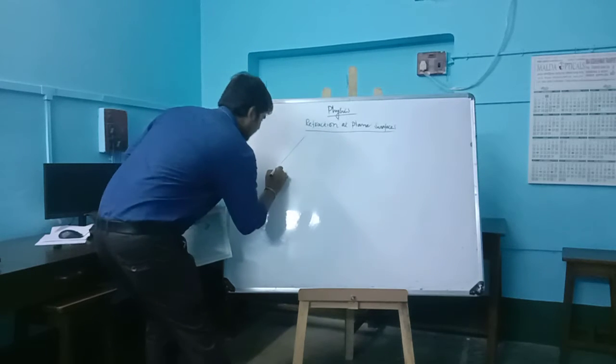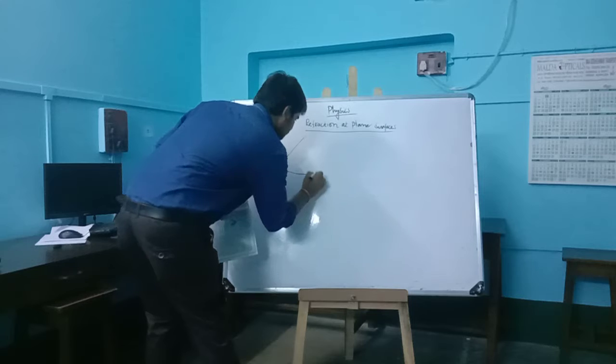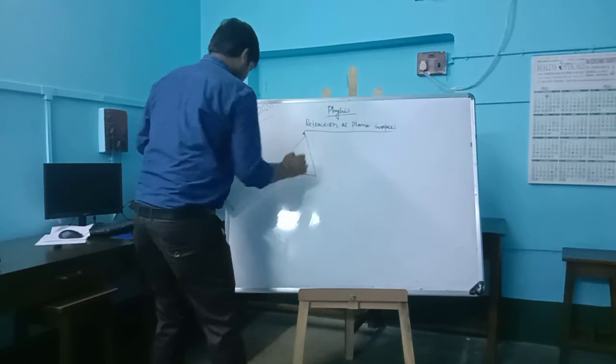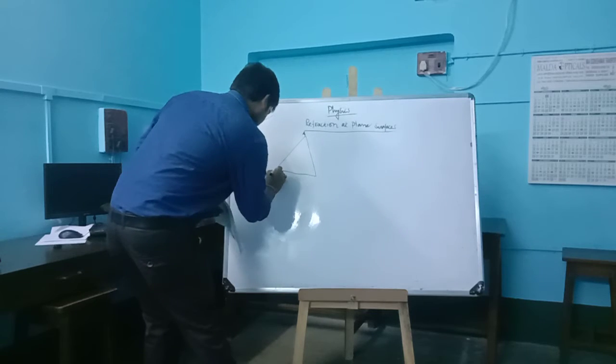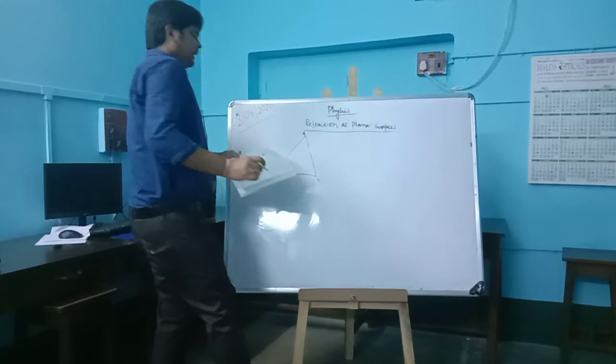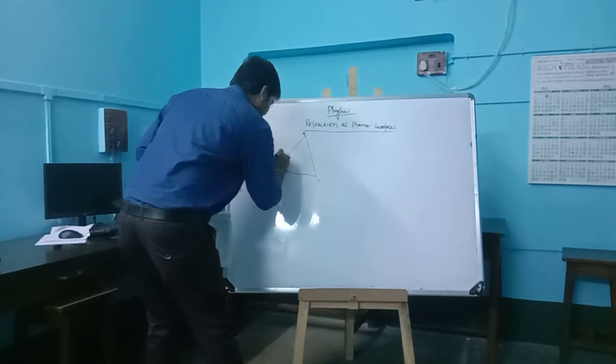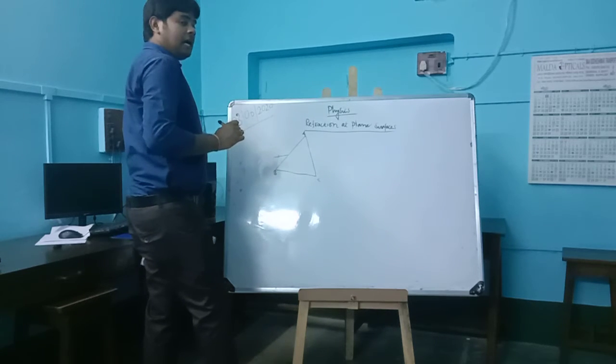Sorry, I am drawing a prism. This is a prism A, B, C. A light ray incident obliquely on the refracting surface of a prism.